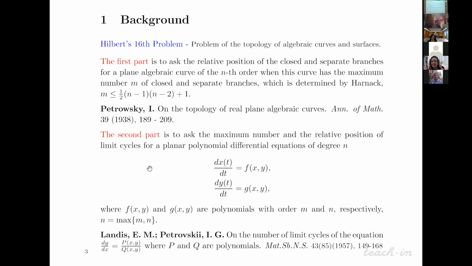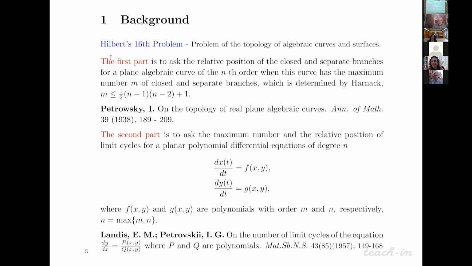As I think everybody knows, in 1900 Hilbert, at the second ICM, proposed the 23 problems, and the Hilbert 16th problem is still open up to now.